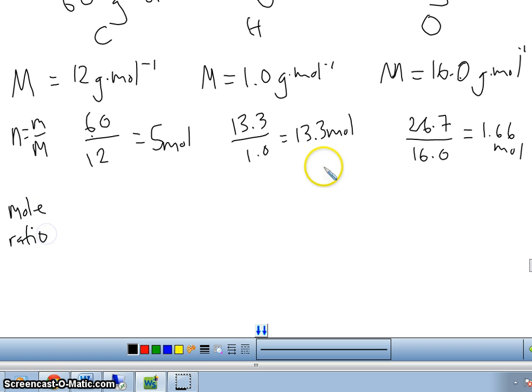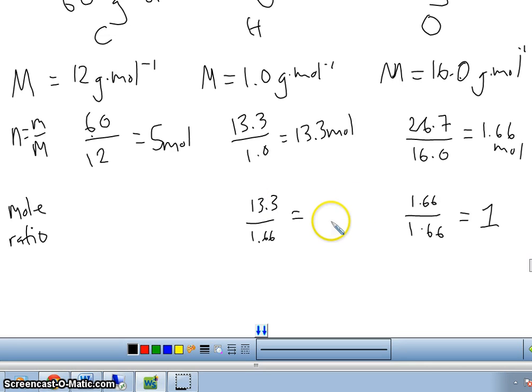To do that, you take the smallest number and you divide everything by that. So the smallest number is 1.66. So 1.66 divided by 1.66 is not surprisingly 1. 13.3 divided by 1.66 equals 8.